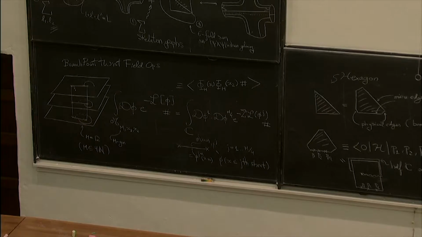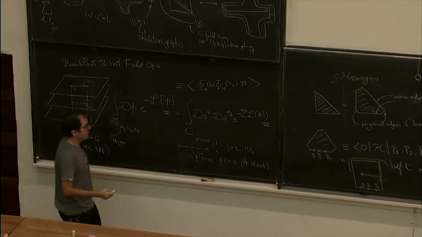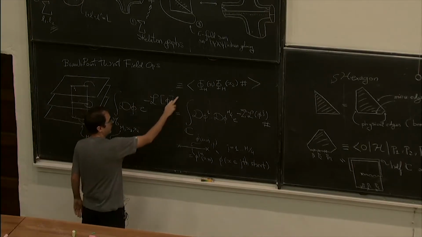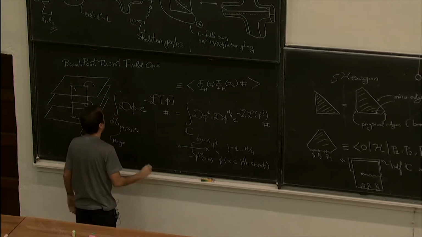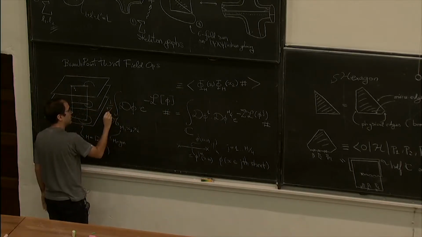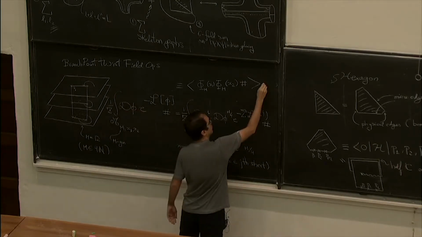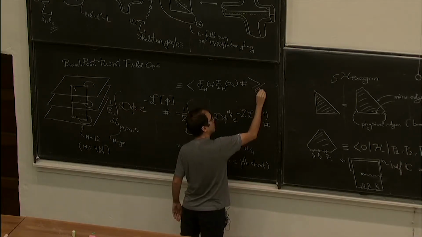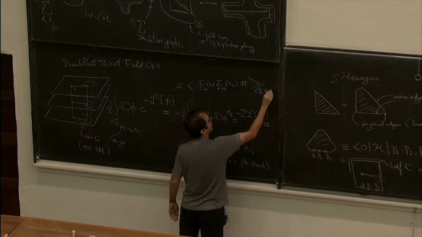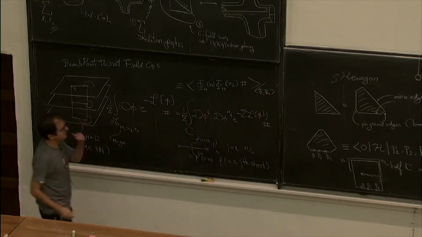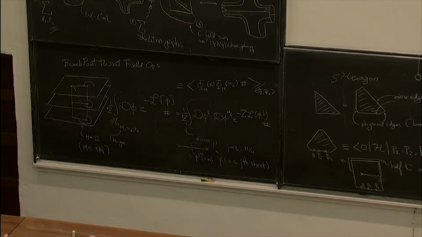More precisely, if I want this really to be an expectation value, I should divide by 1 over the partition function, and then what we would write is this divided by the 2-point function of phi, phi. Okay?